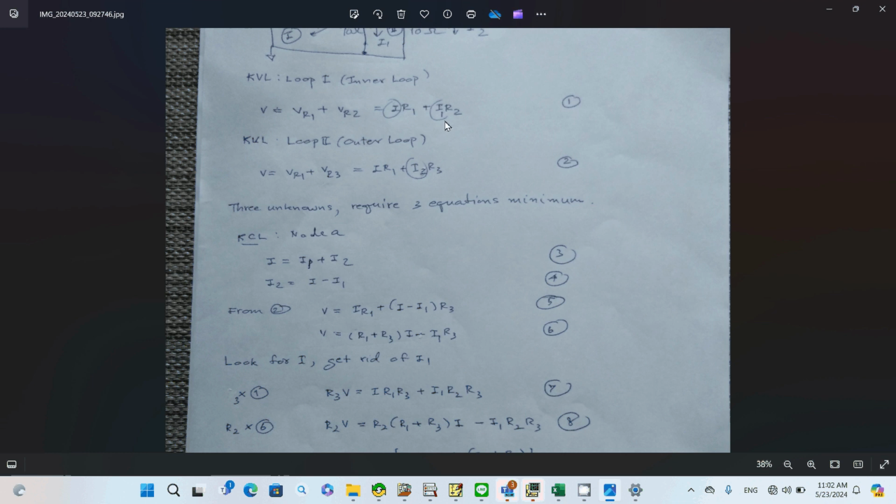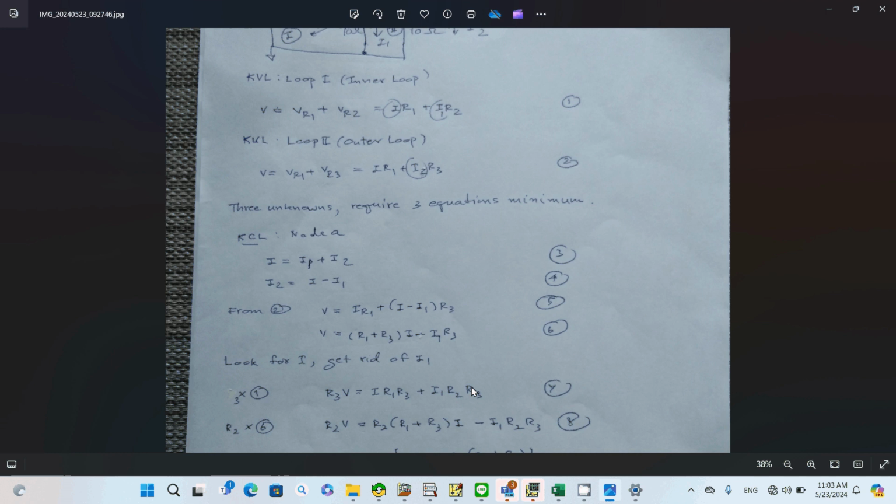But from equation number 6, the coefficient of I1 is R3, while in this equation the coefficient of I1 is R2. So you make them equal. Simply multiply equation 1 by R3 and equation number 6 by R2.